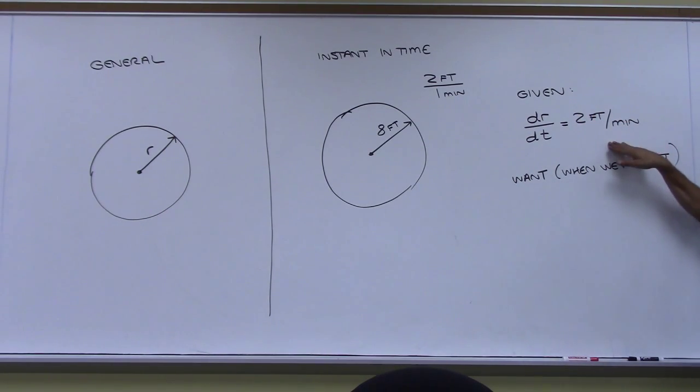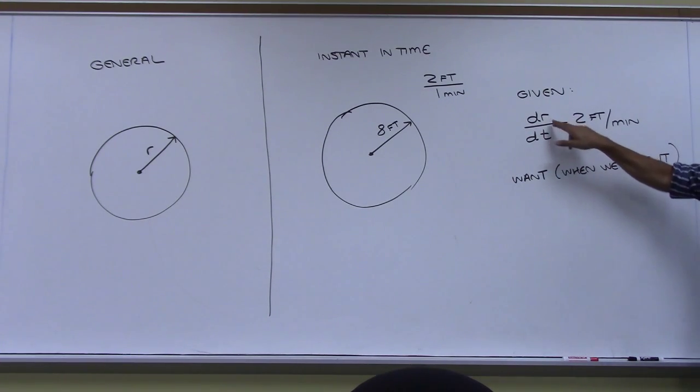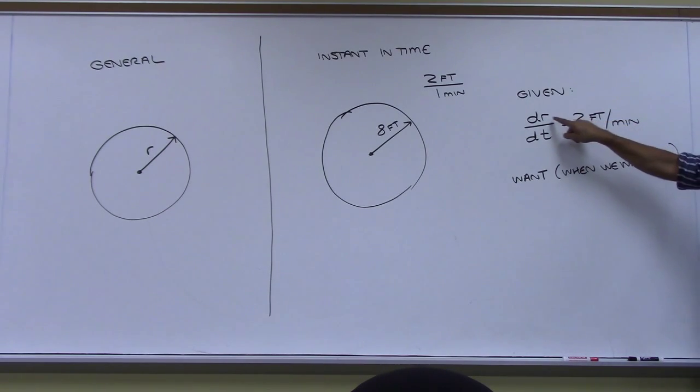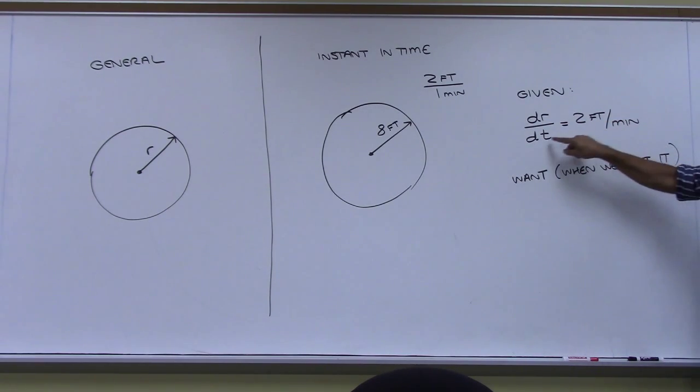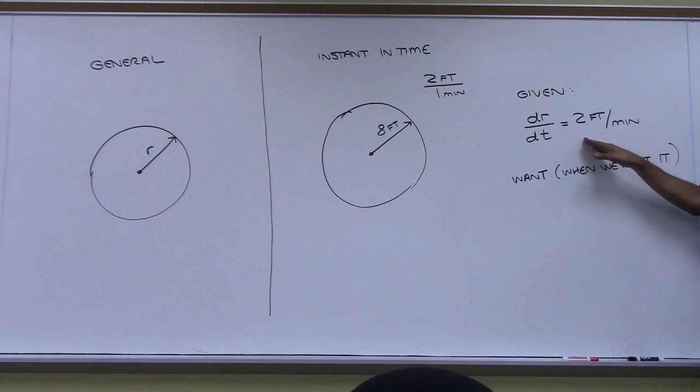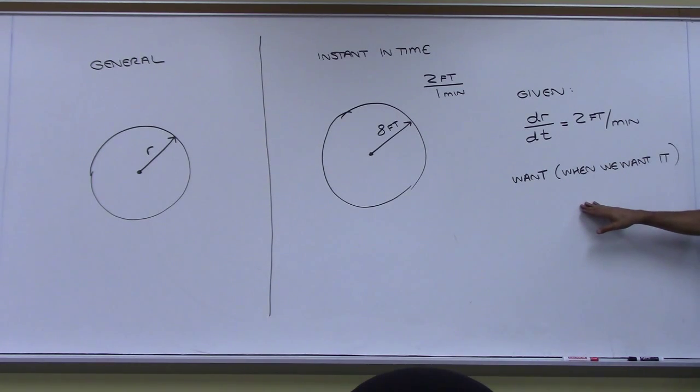Would that make sense to you if I wrote that down? The change in radius with respect to time is 2 feet per minute. Feet is a measurement of radius. Minutes is the measurement of time. That makes sense?